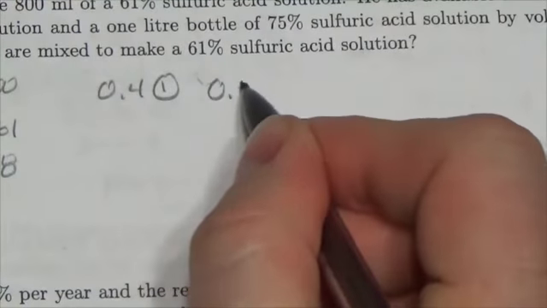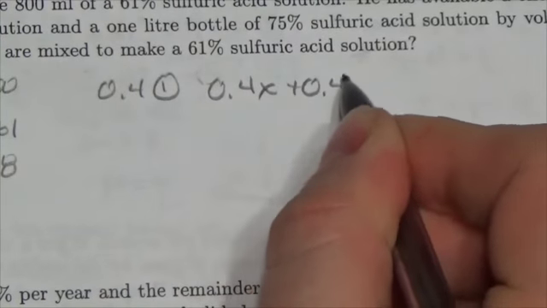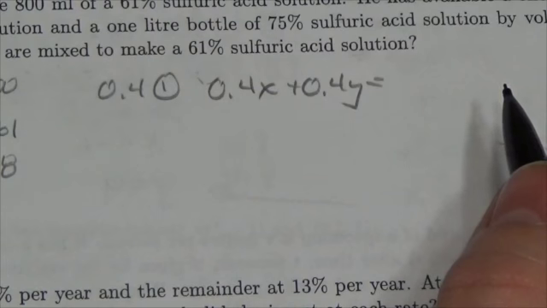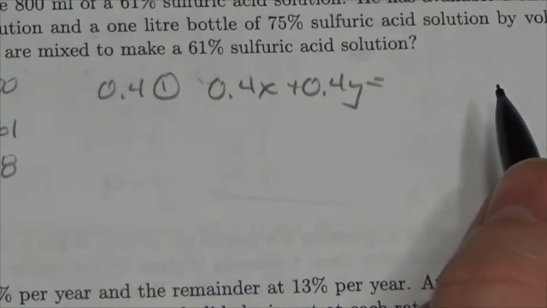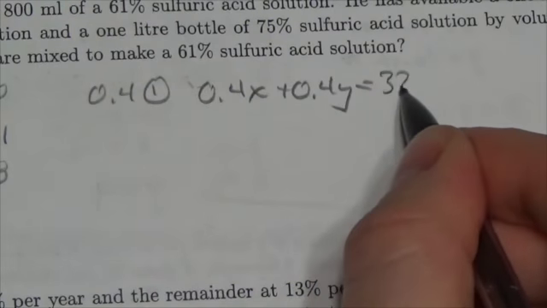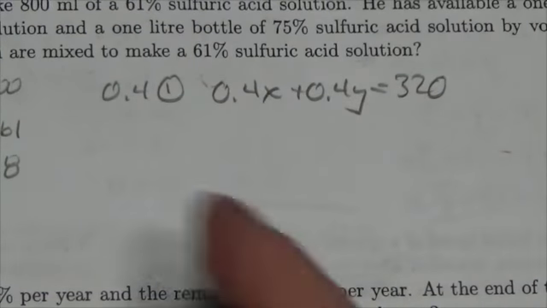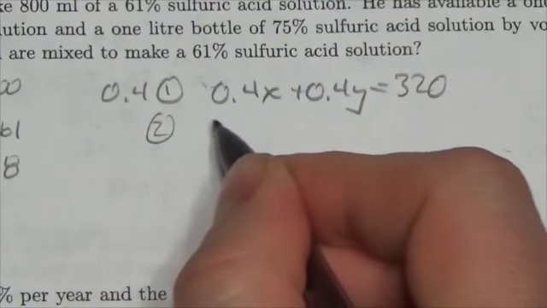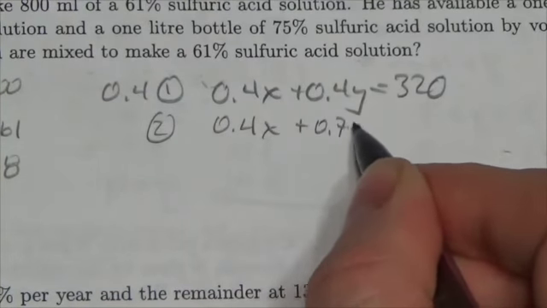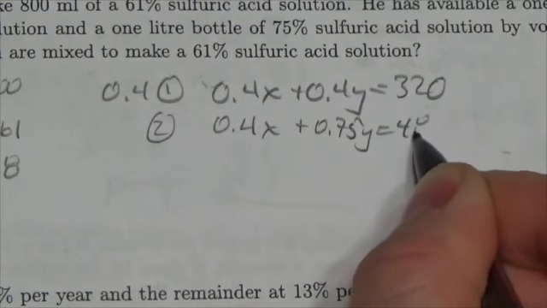And so I'm going to get 0.4x plus 0.4y is equal to 800 times 0.4, sorry, not 0.04, 0.4. I'll get 320. Now, below it, I'll write equation 2, which is 0.4x plus 0.75y is equal to 488.